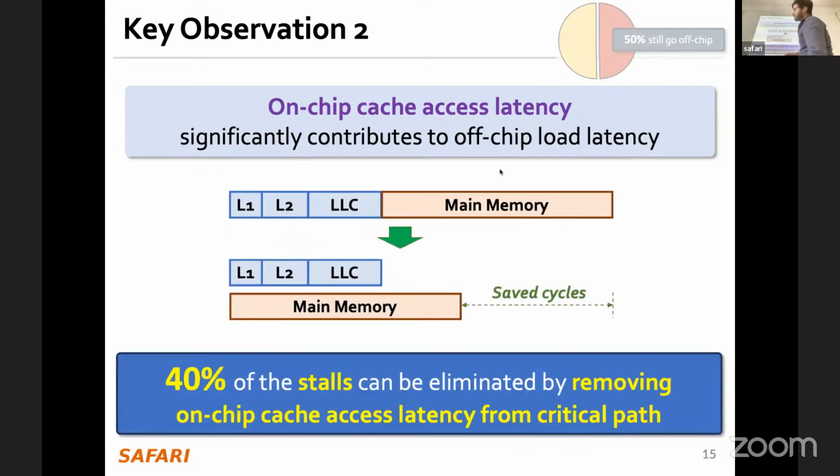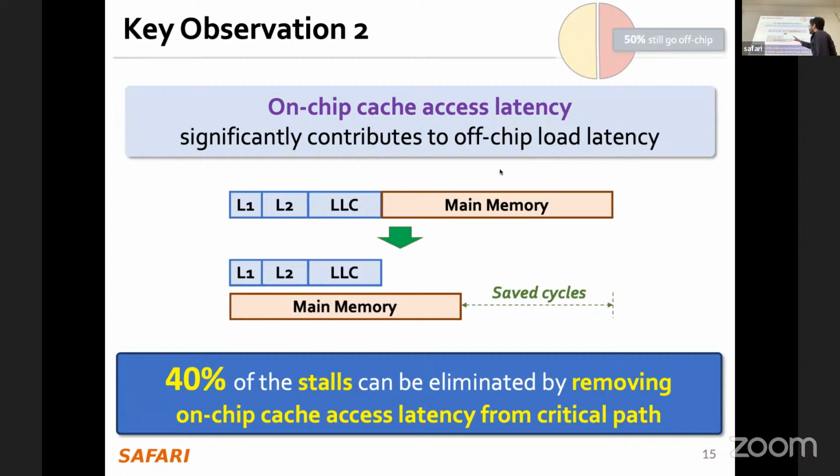So if you know a certain memory request is not present in the on-chip cache hierarchy and it would go off-chip to the main memory, and you simply start accessing the main memory as soon as you know that, you can actually save a lot of cycles.